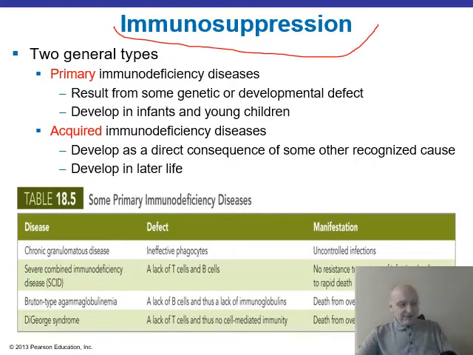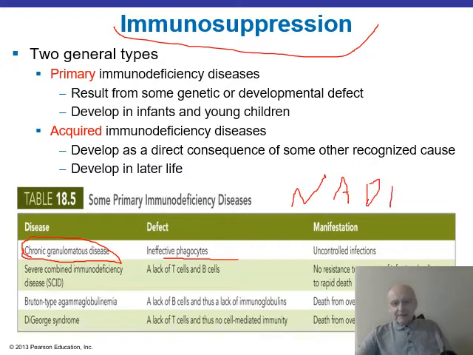Now, there are some genetic diseases here that cause the suppression of the immune system. I talked a little bit about chronic granulomatous disease when I was talking about phagocytosis, and this is the fact that they don't produce too much NADPH, and I'm sure you remember what that does, right?